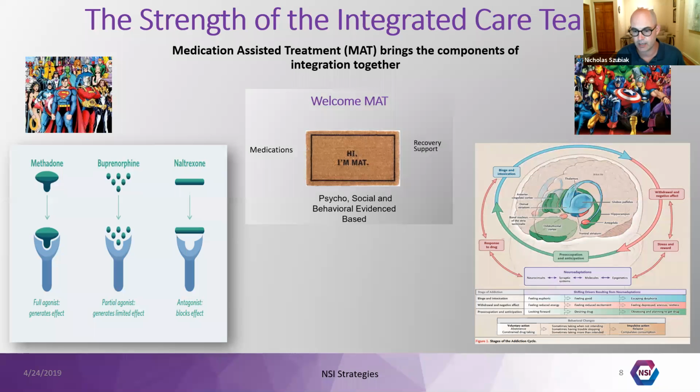Those three stages being binge and intoxication, withdrawal and negative affect, and preoccupation and anticipation. And we went through the neurobiology to understand why these medications make so much sense, because if we understand the neurobiology of what goes on in the brain, then we can better understand why it's so critical for many of our patients to be on these medications.